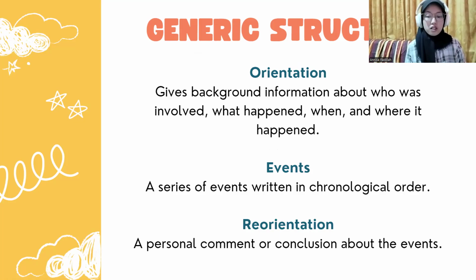The second part is events, a series of events written in chronological order. When we talk about something, we will talk about all the things that we did, right? So we need to tell it in chronological order.